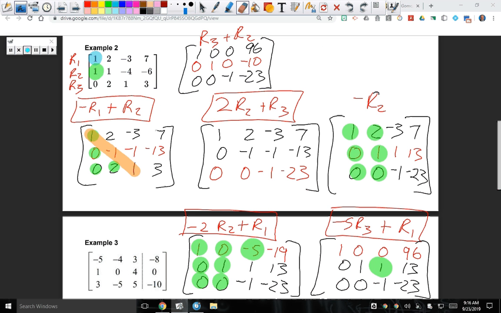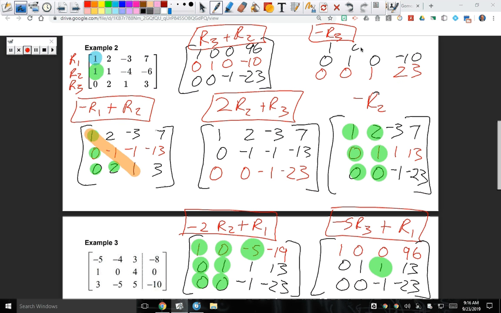One more manipulation. Which one is it? Row 3 is going to be what? So a negative row 3 will make this last row become 0, 0, positive 1, positive 23. Everything else stayed the same.